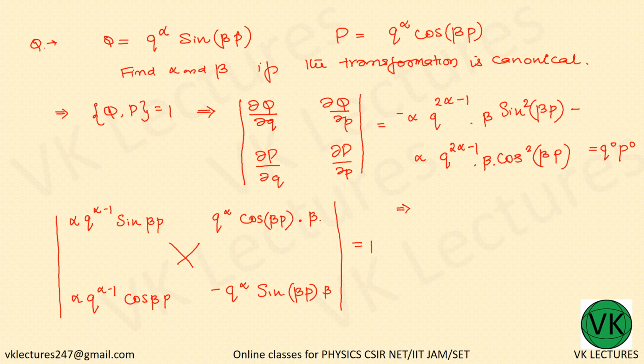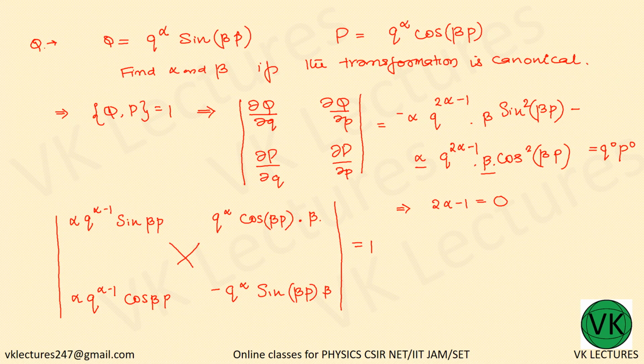Now q to the power 2 alpha minus 1 is 0, so 2 alpha minus 1 gives us 0, and here alpha into beta should be equal to 1.